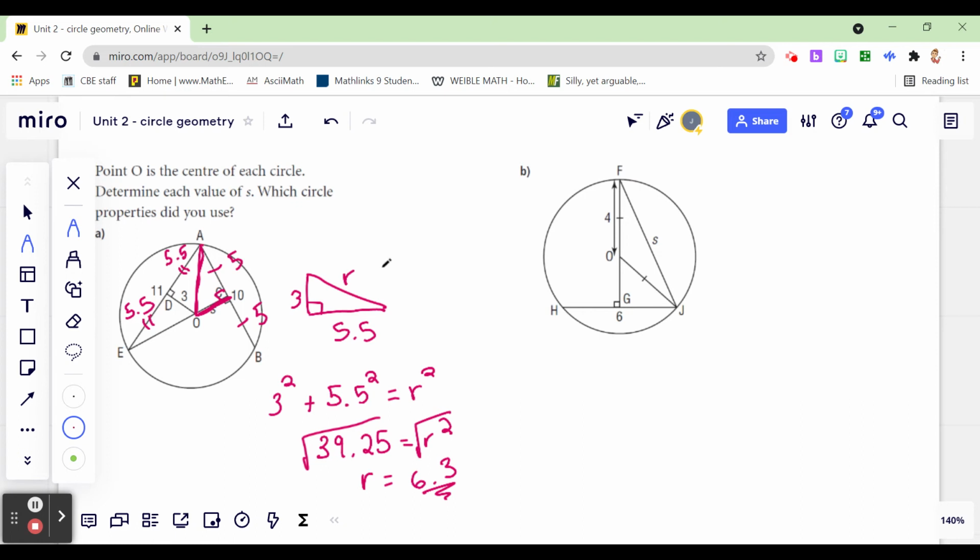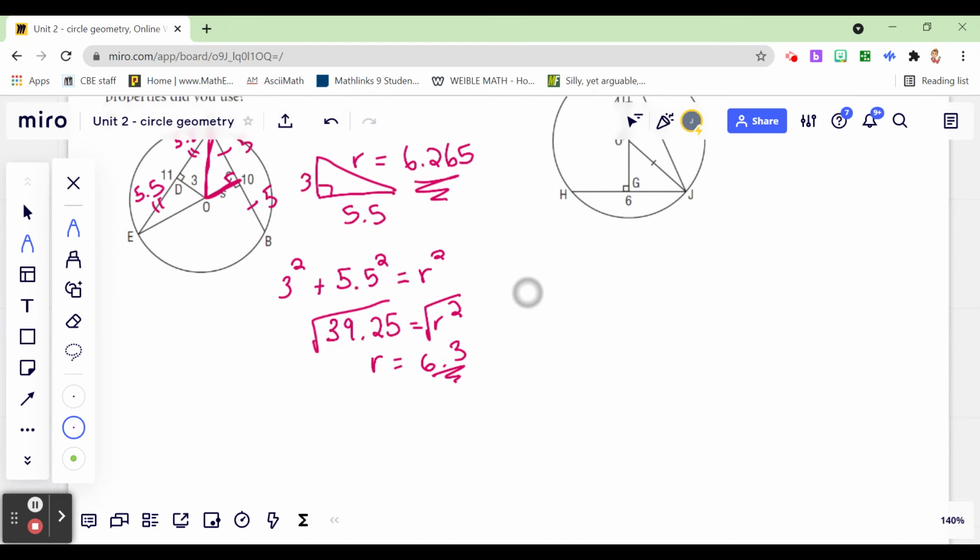Now I need to be careful because I actually want to keep as many decimals here as possible so that I'm not approximating it. So I'm going to maybe do it to 3 decimal places just so I'm more accurate, because I need to use this now in this other triangle.